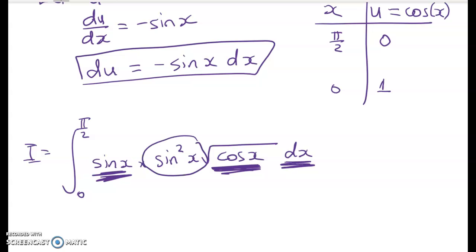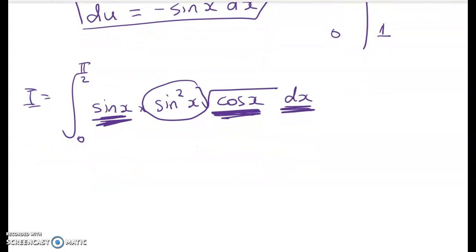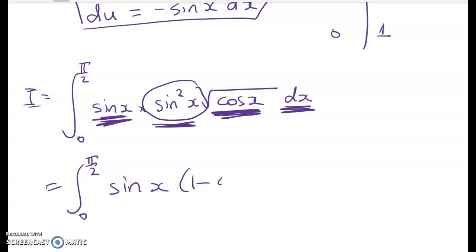But what about the sine squared of x? Well, we know that u equals cos x, so we need to use a trig identity to transform this one. We've got sine x times 1 minus cos squared x root cos x dx.